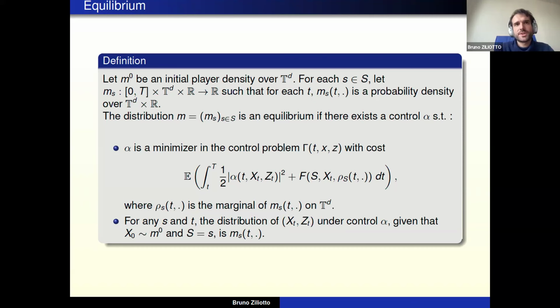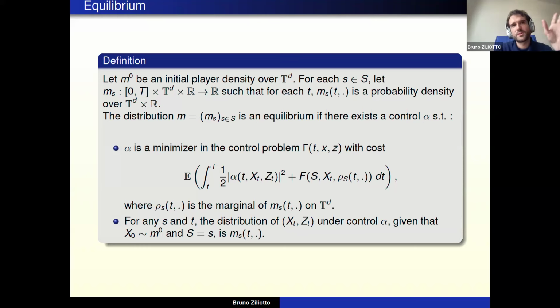So I will take some initial player density. And for each possible state S, I will have this function m^S that takes as variables the time, the position of the player, its current signal, and that describes the density of players in this space T^d times R.